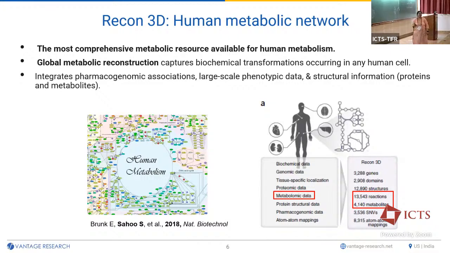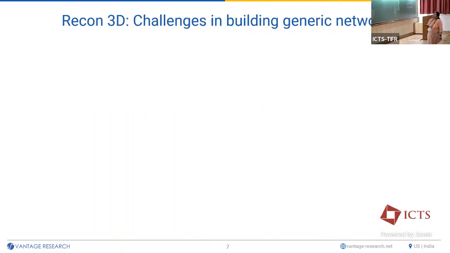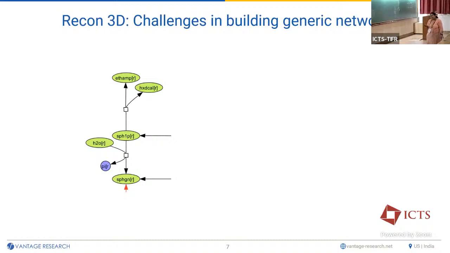This is a very generic network, meaning it doesn't specify the organ or the cell type. Any cell type, any organ within the human that has the generic framework of metabolism is captured by these models.